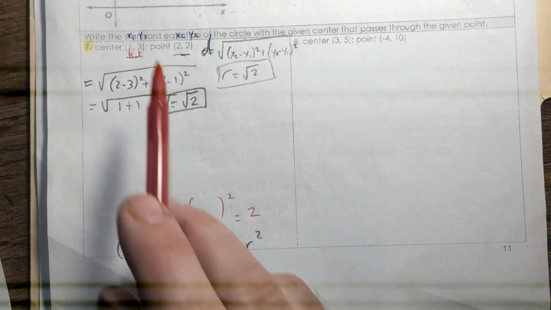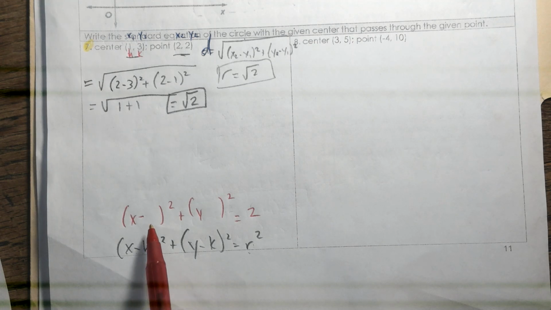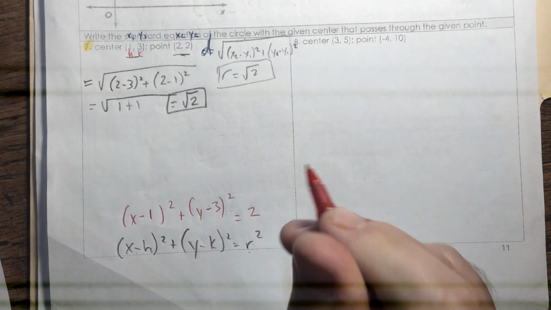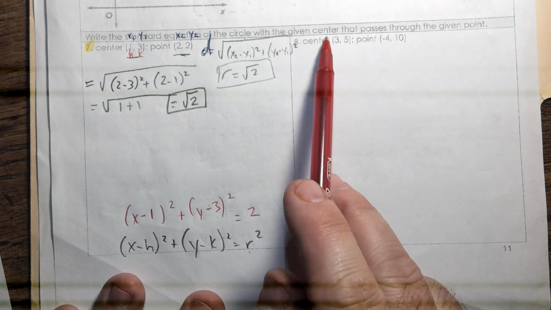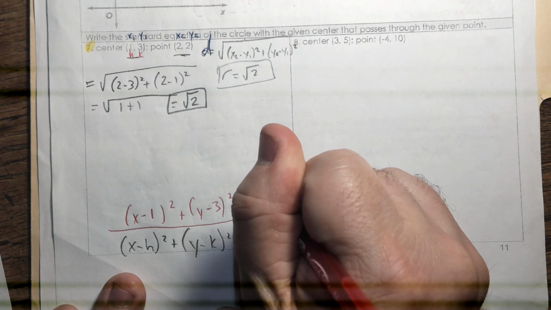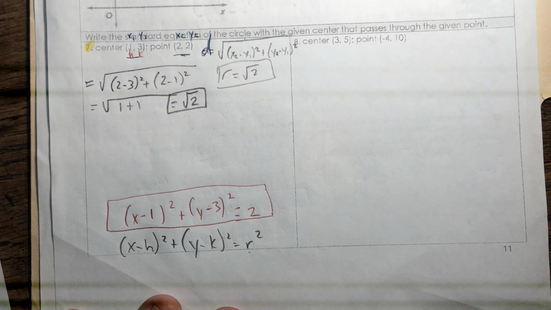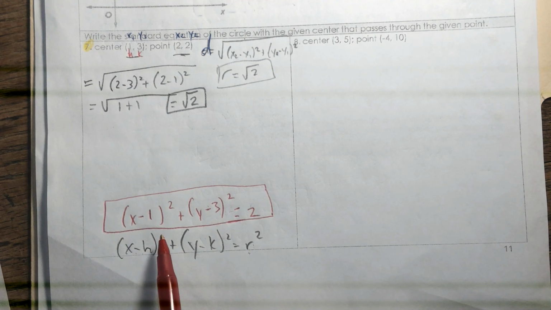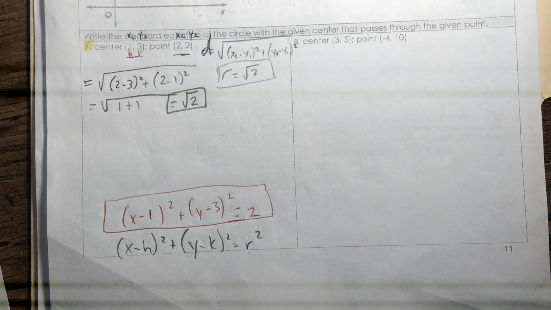They're both positive, so we say minus, because the formula is minus h. If it's positive, it's minus the positive number. H is 1, k is 3. Oops, I put my line through part of my equal sign. So this is x minus 1 squared plus y minus 3 squared equals 2. That is the equation for that circle.